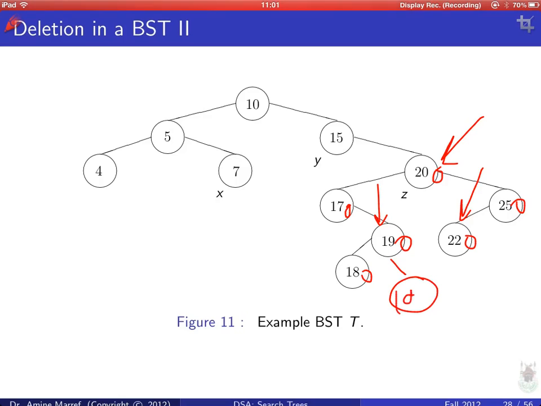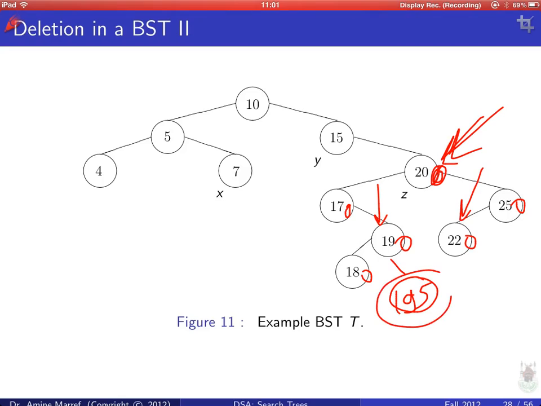Is it constant? No, because they can be something like that, right? It can be this, right? So we have to replace the node with that one.